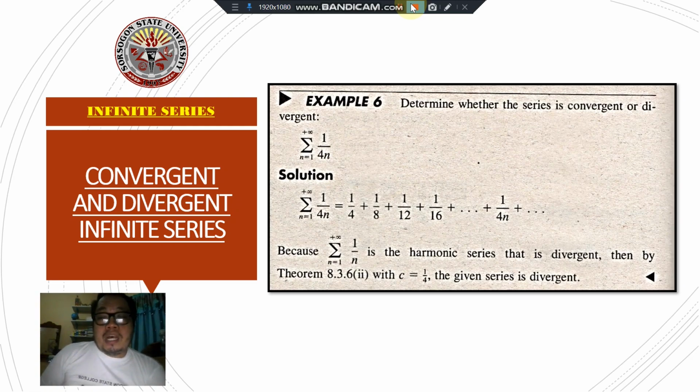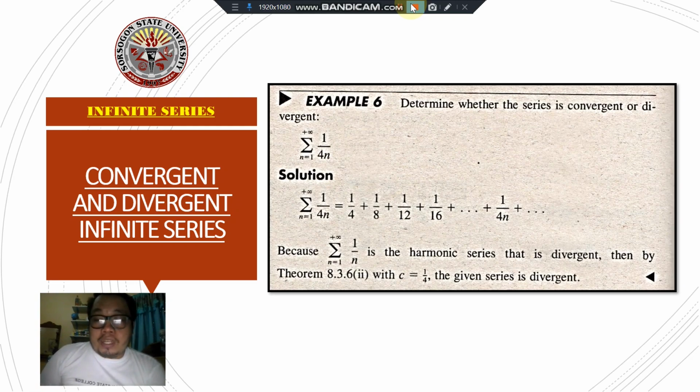Now, because the summation of 1 over n, where n equals 1 to positive infinity, is the harmonic series, we have encountered it on the previous slides, and based on the theorem, the harmonic series is divergent.